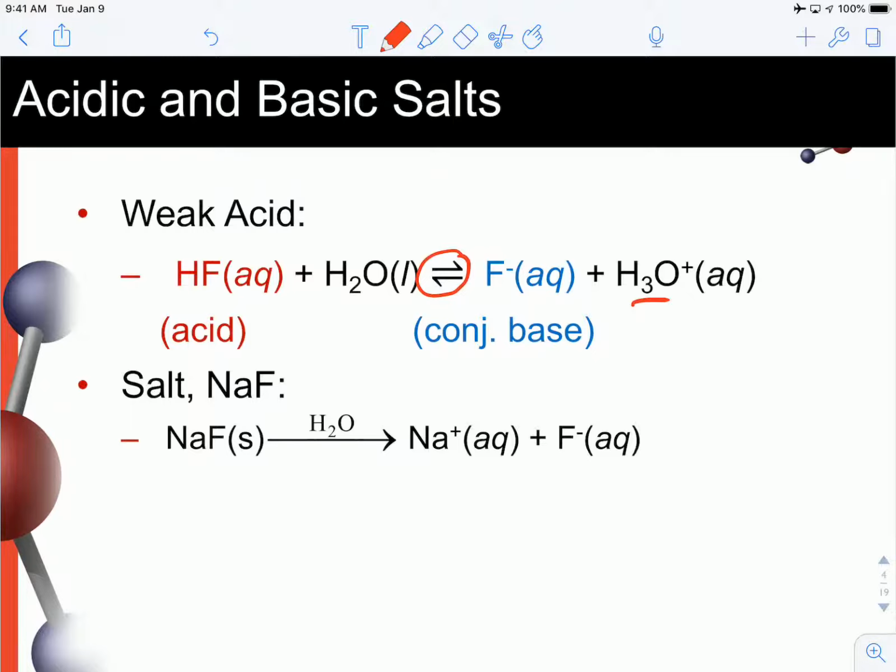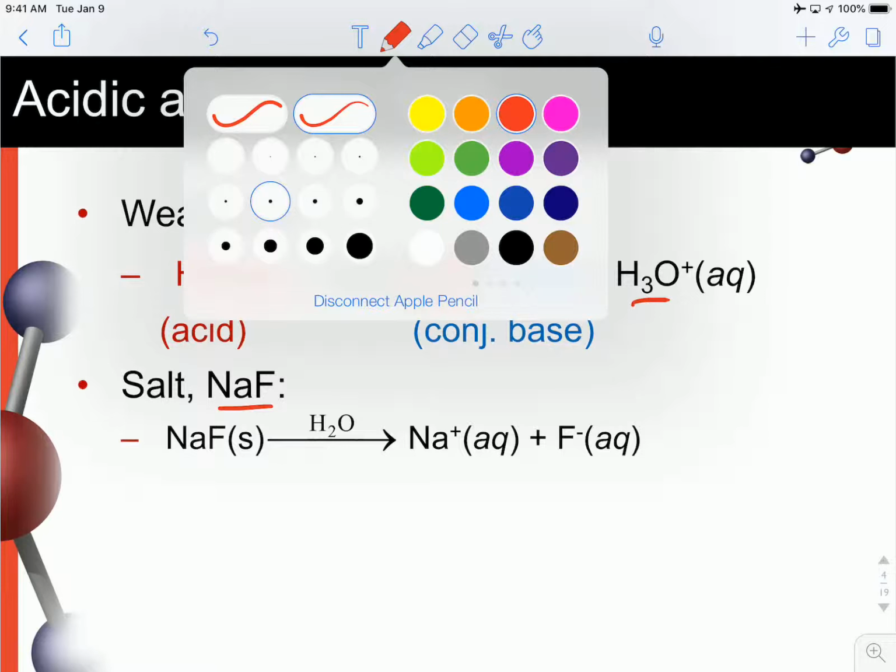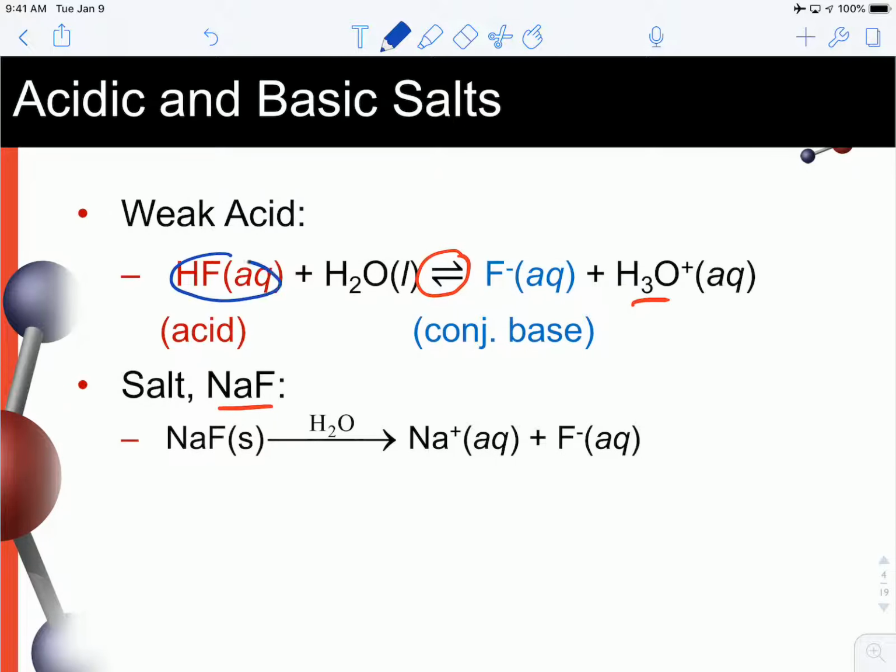Now, imagine we take a salt with the same anion that's in this weak acid, so sodium fluoride as an example. This will dissolve in water to form sodium ions and fluoride ions. Now, you should realize that since this here is in fact a weak acid, relatively speaking, this over here actually becomes a slightly strong base.